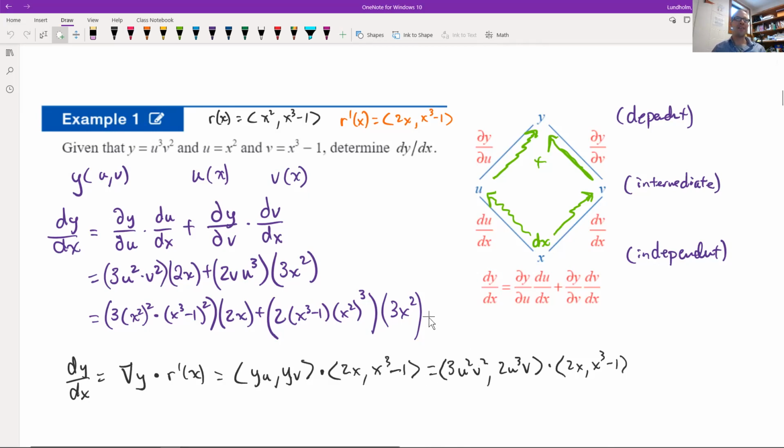And now you have, I don't know, this whole multiplication and addition. All of that multiplication and addition is encapsulated in one dot product.